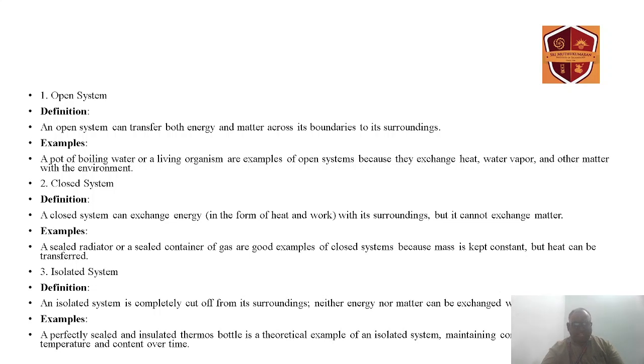For example, a sealed radiator or a sealed container of gas are good examples of closed systems because mass is kept constant, but heat can be transferred. But in the case of an isolated system, it is completely cut off from the surroundings; neither energy nor matter can be exchanged. A perfectly sealed thermoflask, which I mentioned, is a theoretical example of an isolated system, maintaining constant internal temperature and contents over time.